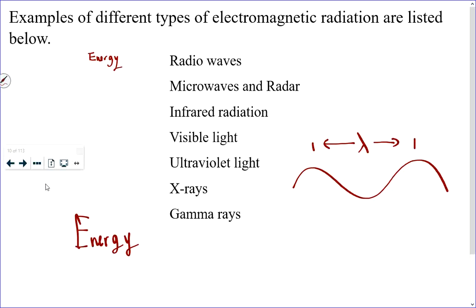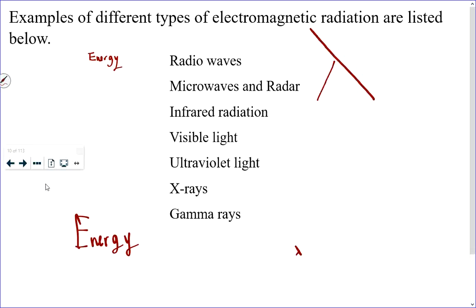And what that means is that when we look at this list, if you have a lot of energy, you have a tiny wavelength. But if you have little energy, you have a large wavelength. And we can also include frequency on here.